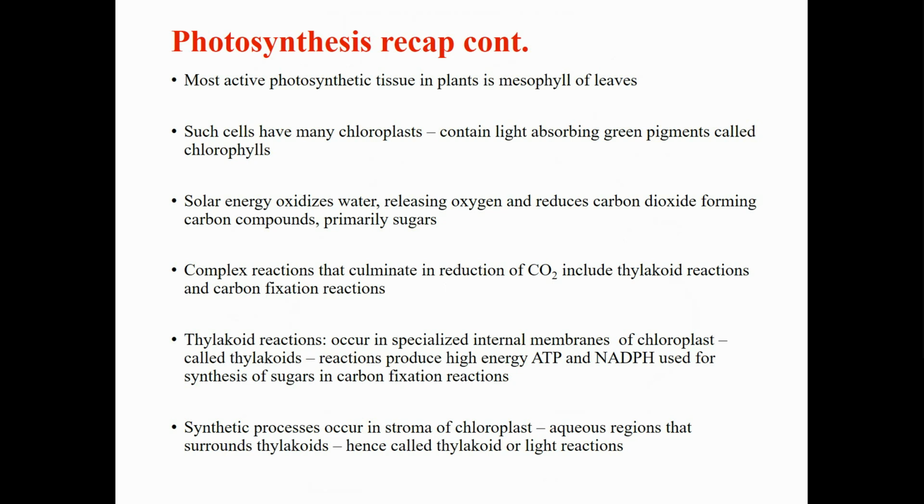So this first part over here is the light reaction in a nutshell. The second part, down here, is the Calvin cycle in a nutshell. So solar energy comes in, it oxidizes water.